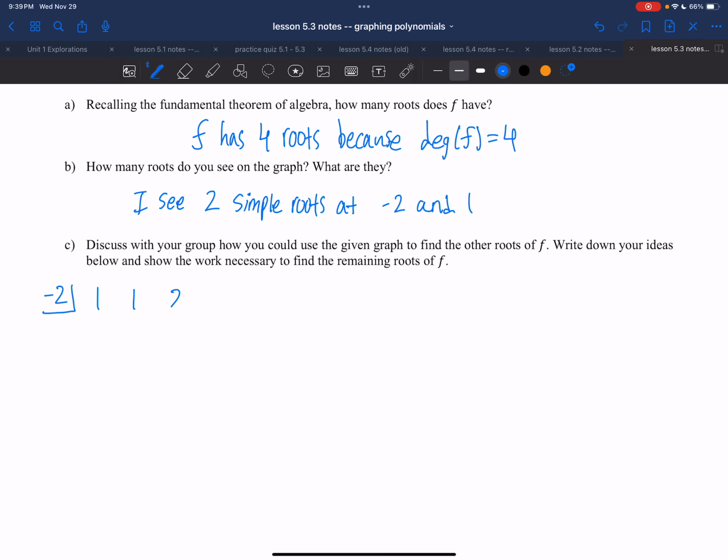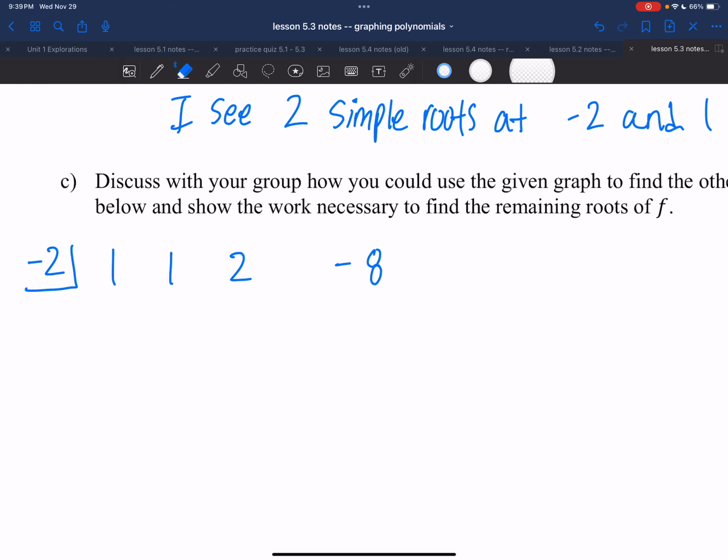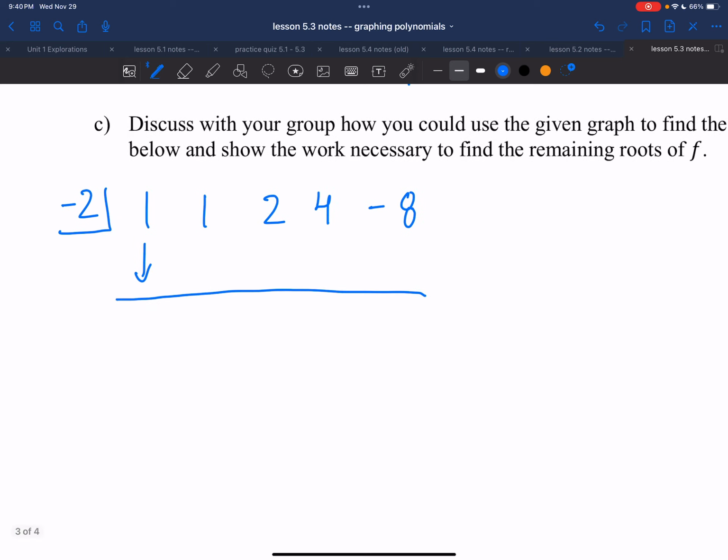And I'm doing synthetic division. Go watch the last video if you're not sure what I'm doing here. I'm going to divide this polynomial by x plus 2. And I know that the remainder is going to be 0 because it's a root, right?